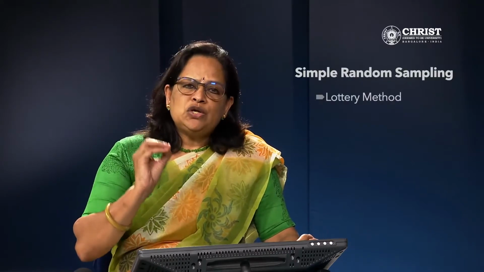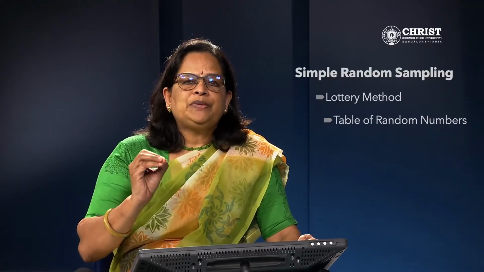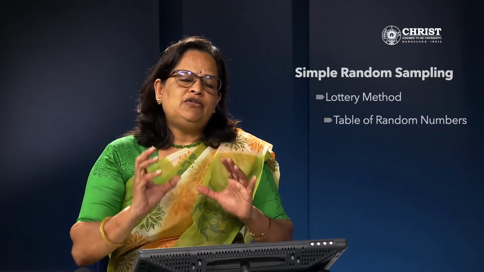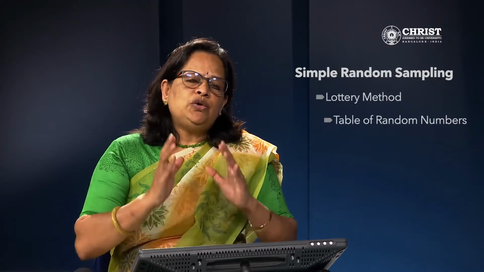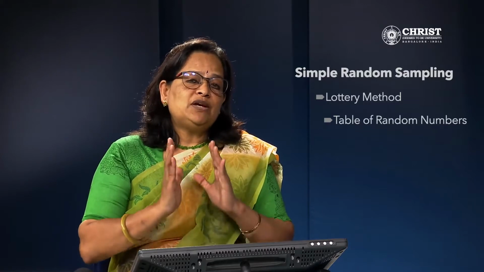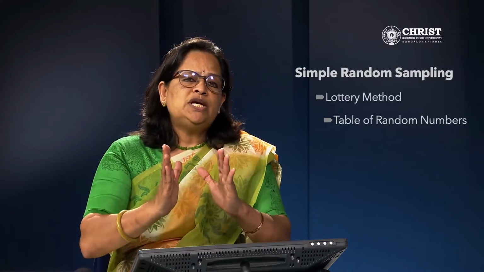This is the most common method, and there are two methods used for identifying the units: one is the lottery method and the second is the table of random numbers. In the lottery method, suppose our population is 1000 students in a university. One important thing is that we have to identify the population, then only we can use these two methods.